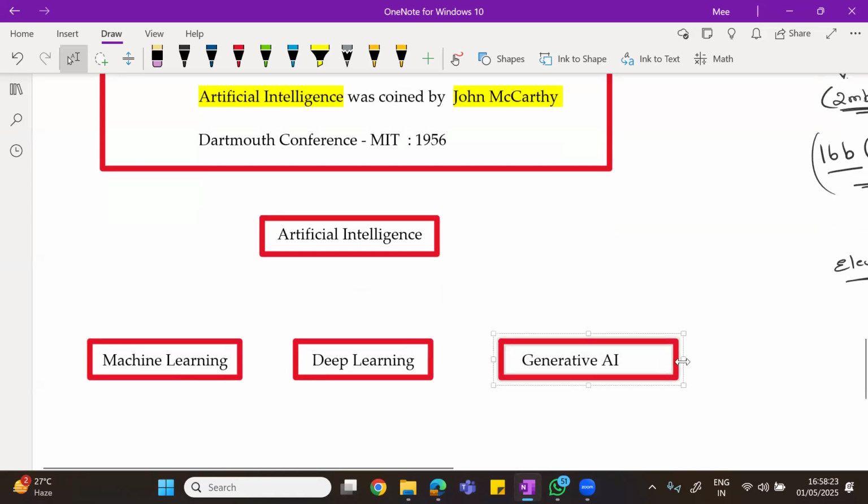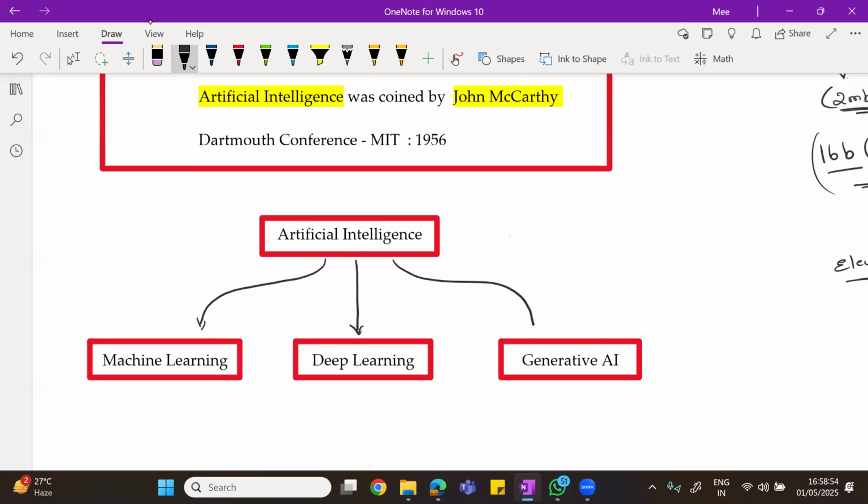Of course, there are time series and agentic AI too. This all comes under one another, but this is the way I can give it. Hope you are getting the connectivity, guys. So AI is nothing but how you will build or develop intelligent machines, but this actual building is done with the help of either ML or DL or generative AI.